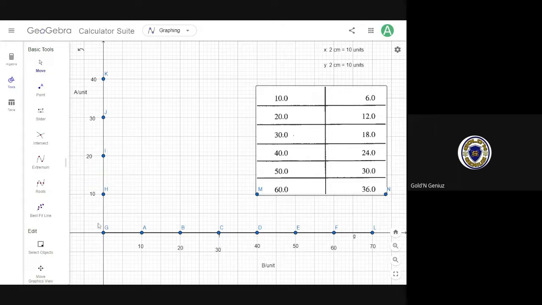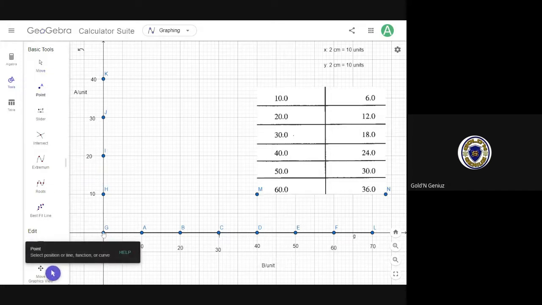So 6. So my first point would be at 6. So 1, 2, so 5. This is 5. This is 6. All I need to do now is go over to 10. And there I get my first value, 10. Good?